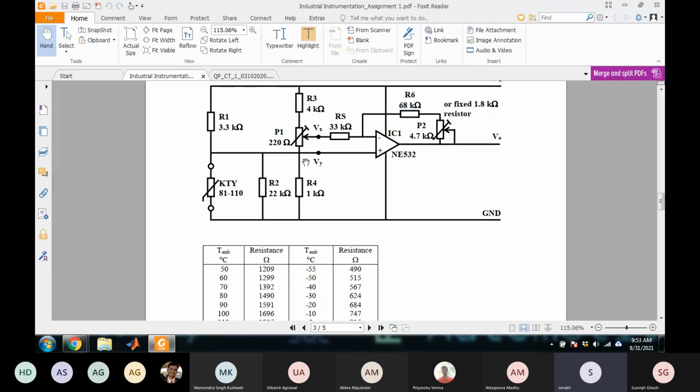So you have to find out what is the potential here with respect to this. And again, the same Thevenin's concept will apply. So the gain of this amplifier will be: the feedback resistance will be 68 plus 4.7, whatever is the potentiometer setting.